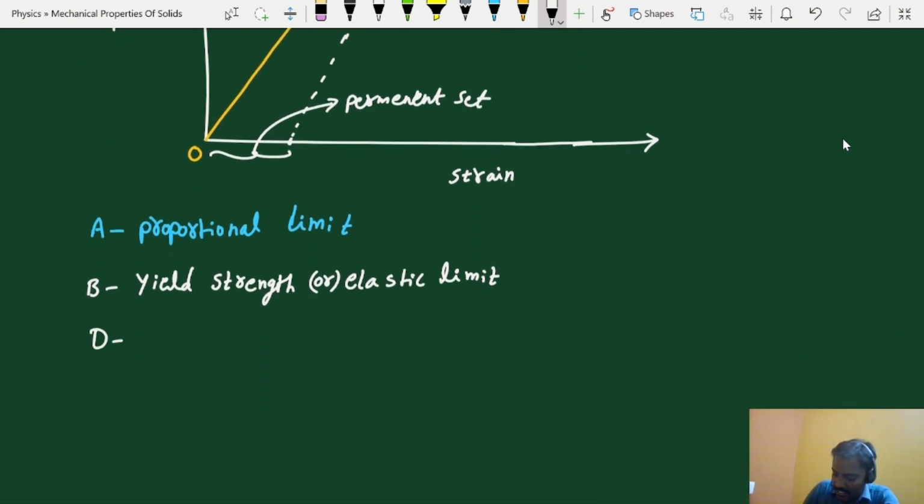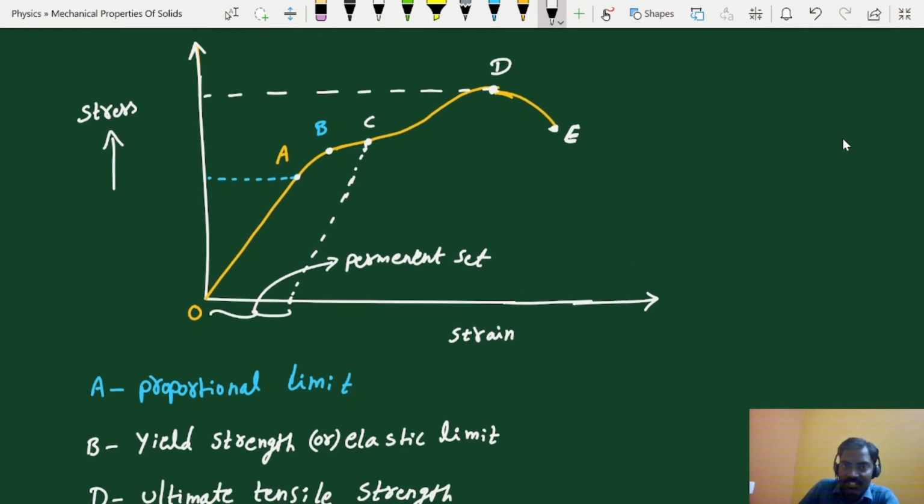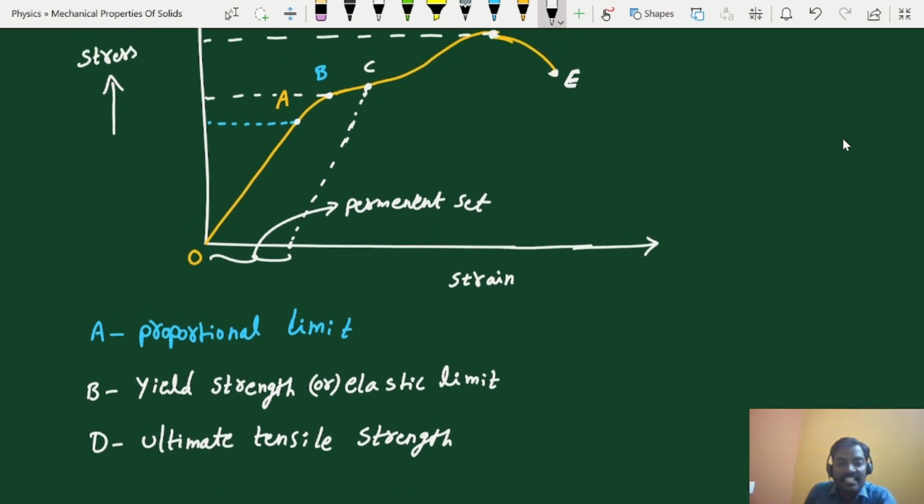So D is the ultimate tensile strength. That is like a breaking stress. The stress corresponding to point D is the ultimate tensile strength or breaking stress. The stress corresponding to point B is known as the yield strength.